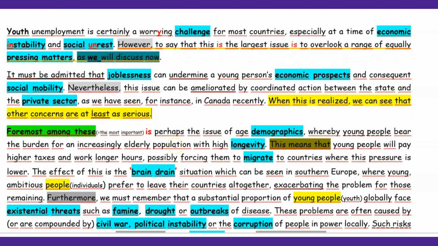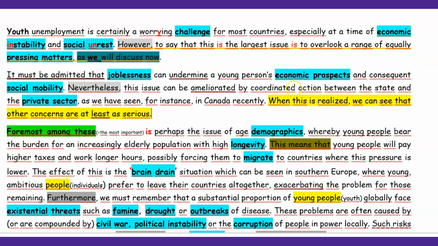It must be admitted that joblessness, great academic English instead of unemployment, can undermine a young person's economic prospects, the person's future, from the financial situation, right?